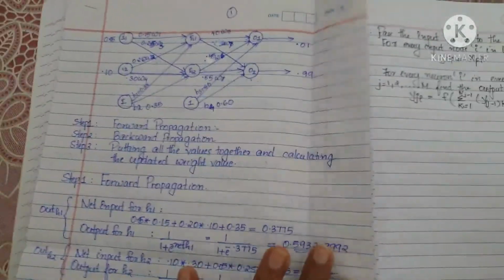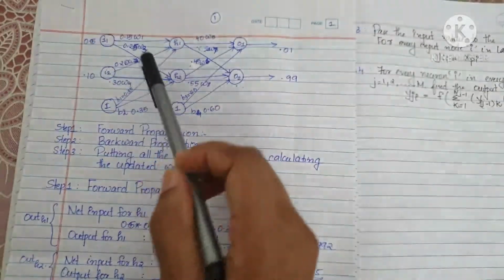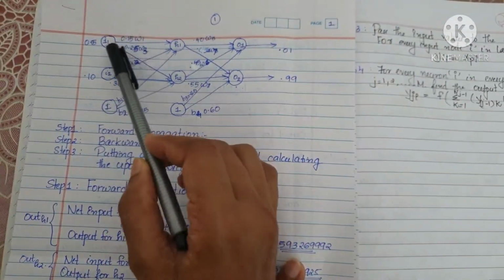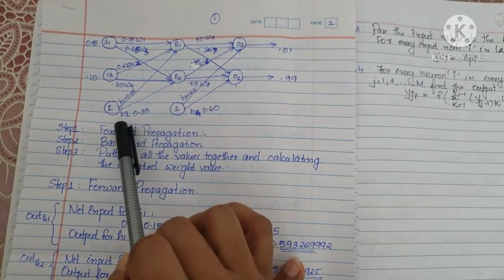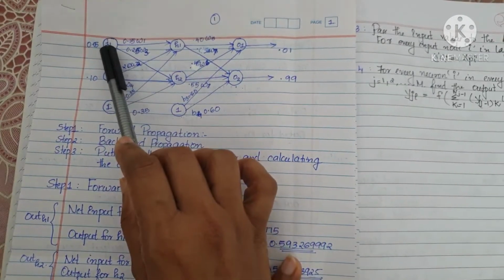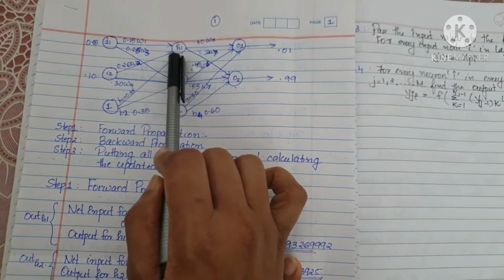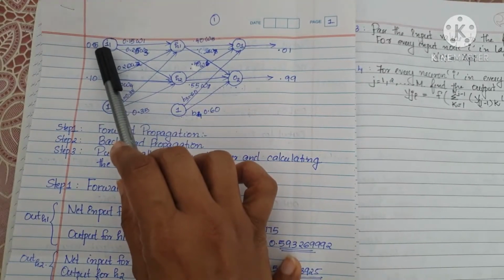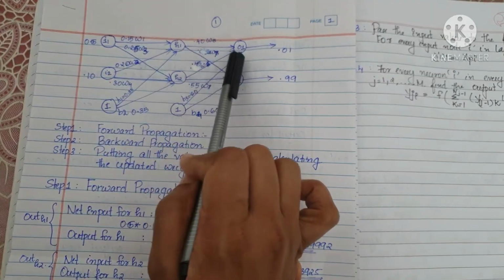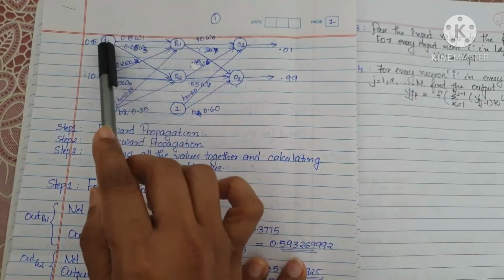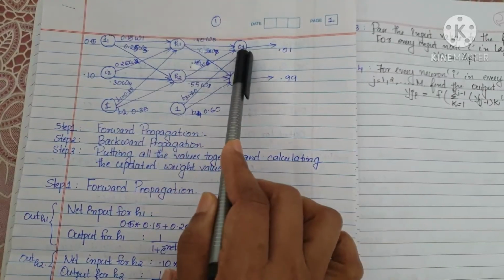This is the input layer, I1, I2, and this one is for the bias value. The output of input 1 is given to the hidden layer, and the hidden layer is fed to the output. This is I1, H1, O1, meaning output 1.